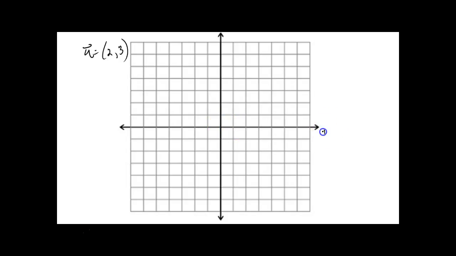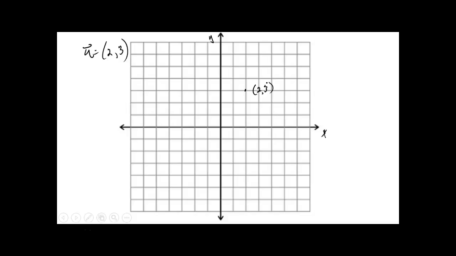Okay, we'll call this the x-axis and this the y-axis. Is that what you said? Okay. Go to the right 2, is that what you said? Up 3, that gives you the point (2, 3).